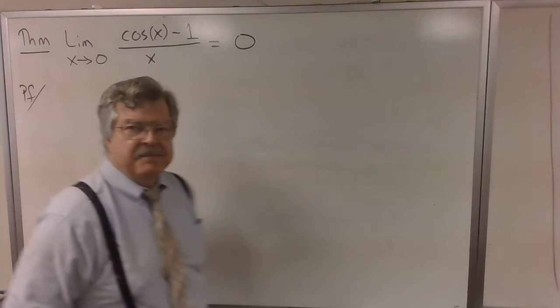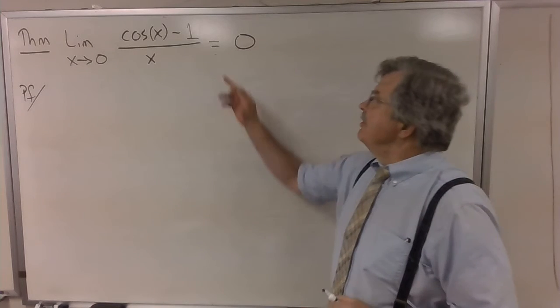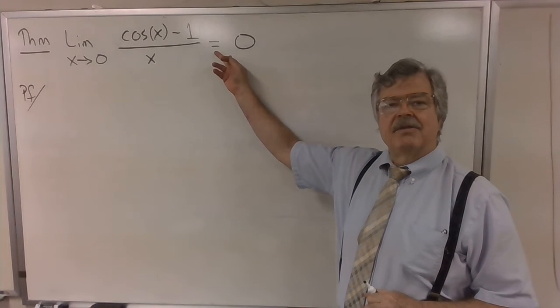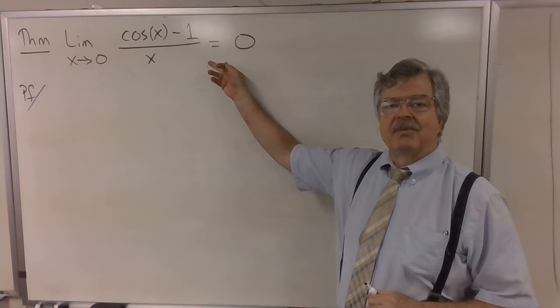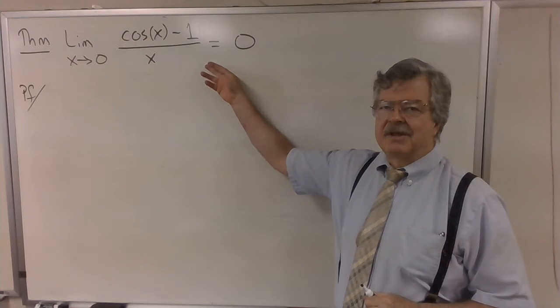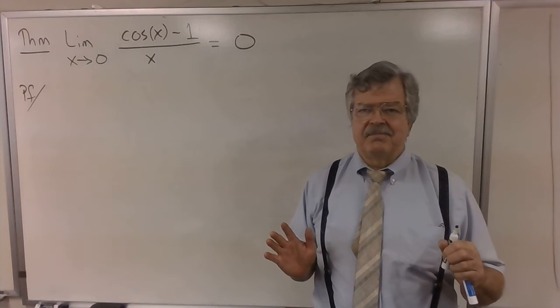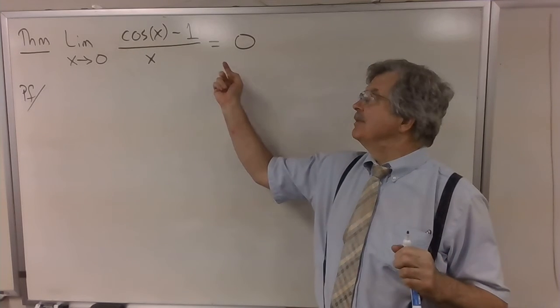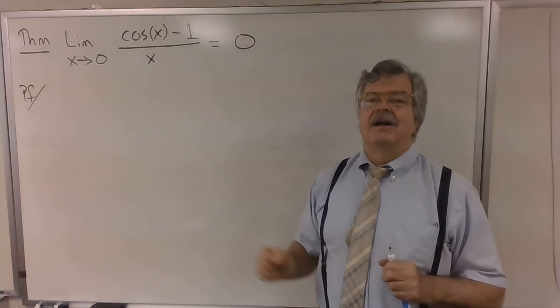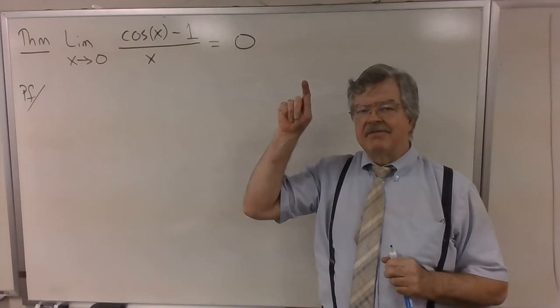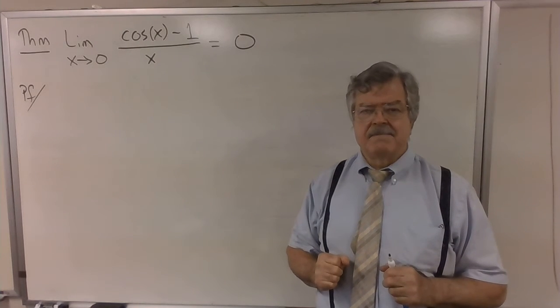By the way, this is another one of those theorems, or another one of those limits that we should know. In trigonometry, there are essentially two limits that we should know. As x goes to 0, sine of x over x goes to 1.